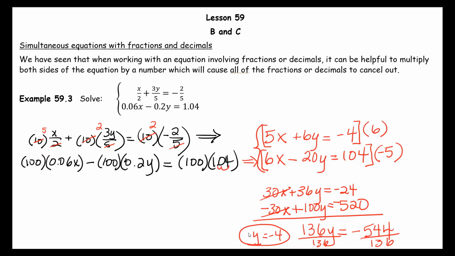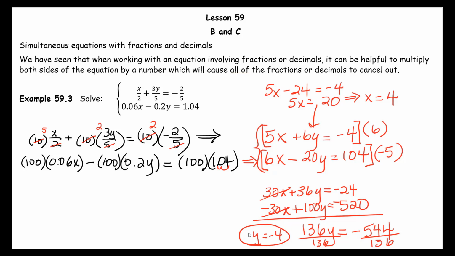Now we need to go back and plug that in to one of the equations to figure out what x is. So I'm going to plug that -4 into this equation right here for y. So if I do that, I'm going to have 5x minus 24 equals -4, which means that 5x is equal to 20, which means that x is equal to 4.